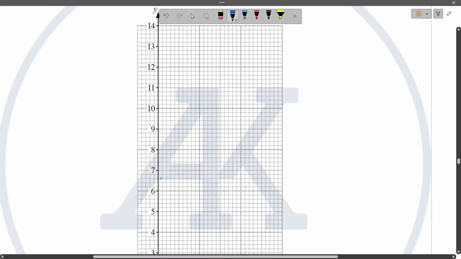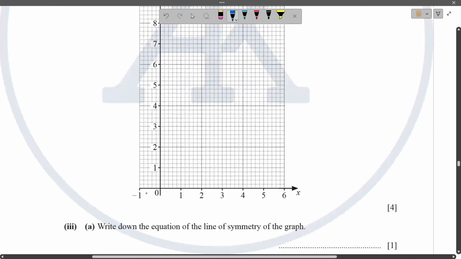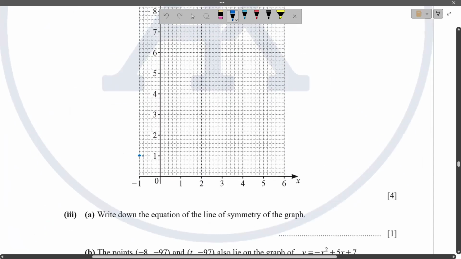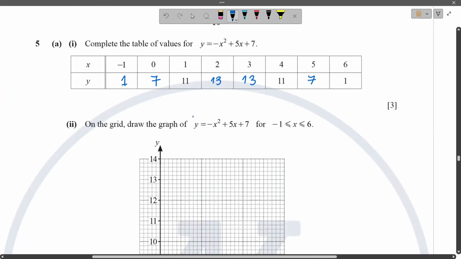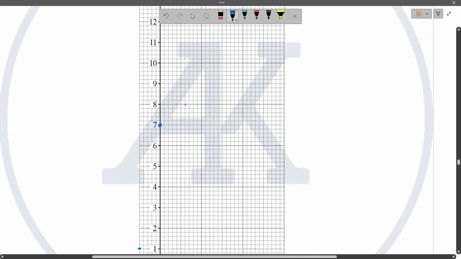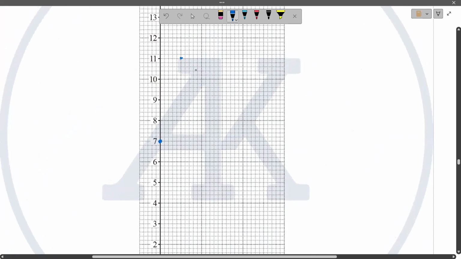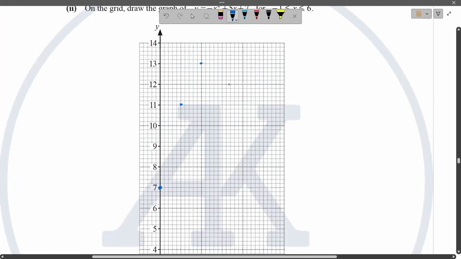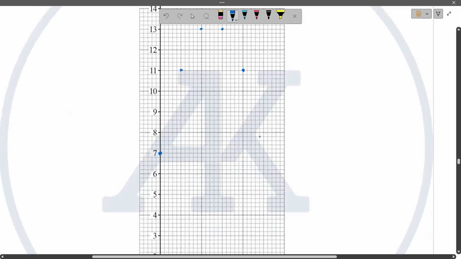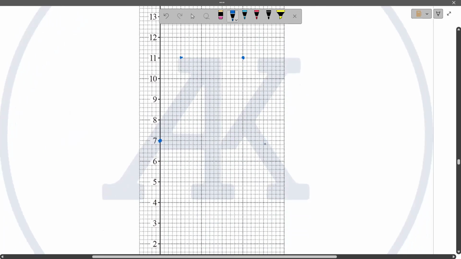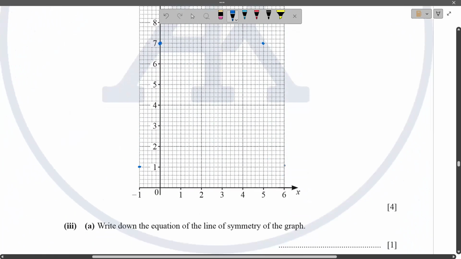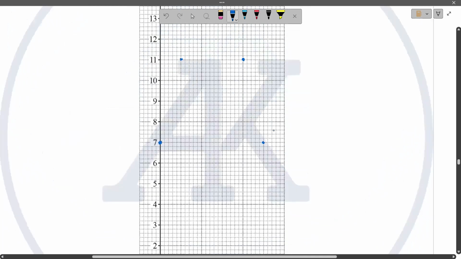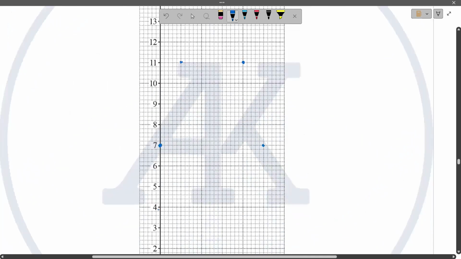So now we have negative 1 and 1, 0 and 7, 1 and 11, 2 and 13, 3 and 13, and this is 11, this one is 7, and this one is 1.